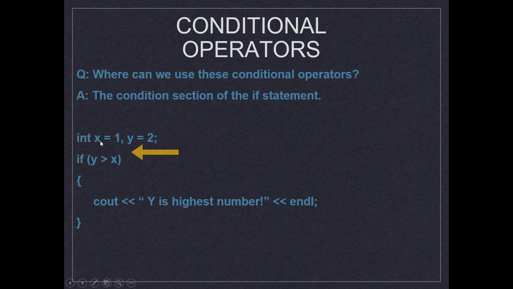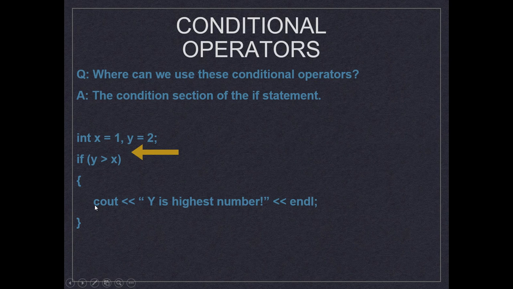We have x is assigned with 1, y is assigned with 2. Okay, so y, 2, is greater than x. Yes, so this will end up being true, because y holds the value 2, x holds the value 1. Which means that anything that's inside of these curly braces here will execute.